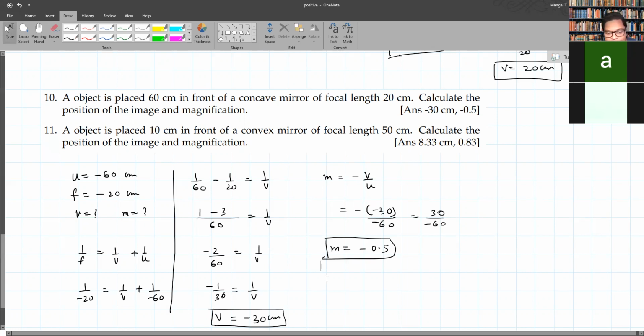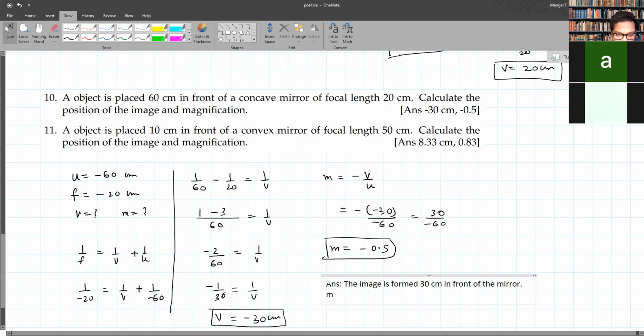Again, I expect you to write an answer in this following manner. The image is formed 30 centimeter in front of the mirror. Okay, because it's negative, that's why it is in front of the mirror.